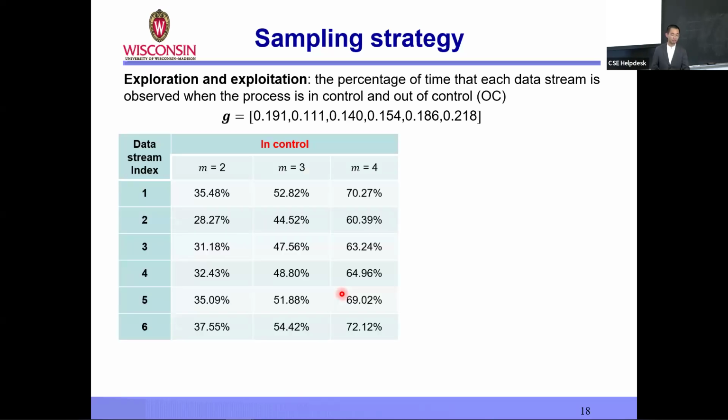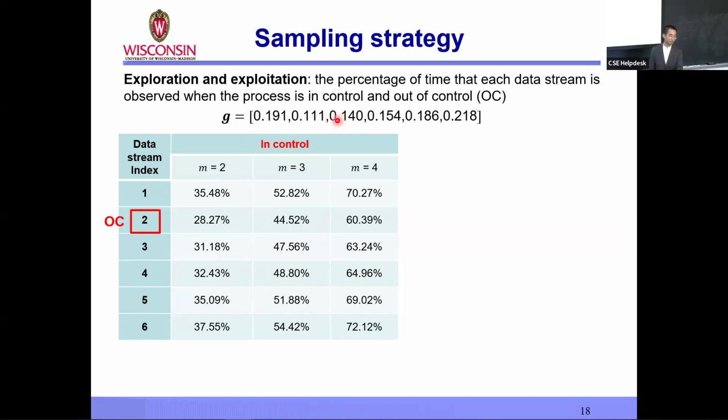So when the process is in control, under the different monitoring resources, we can see each variable has sufficient observations. And also the larger the M, the larger the sampling percentage. And also you can see this value actually is proportional to the parameter G here.